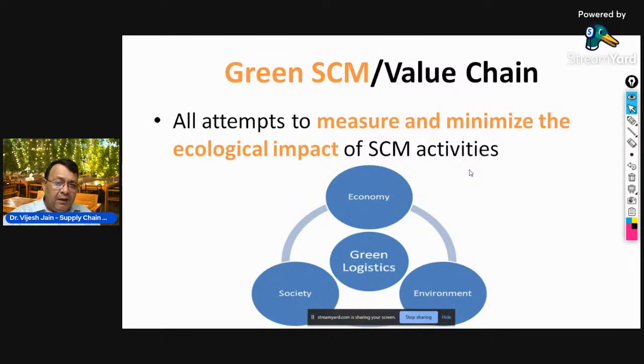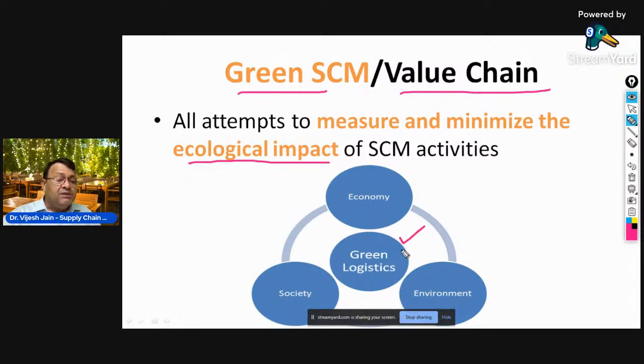So those are some of the insights that I wanted to share about supply chain management and international logistics. Then finally, I want to share with you the concept of sustainable activities that are to be carried out in the near future or even currently in international supply chain management and international logistics, in terms of green SCM and value chain. So, all attempts are required to measure and minimize the ecological impact of different activities that are done in the logistics to make it green logistics.